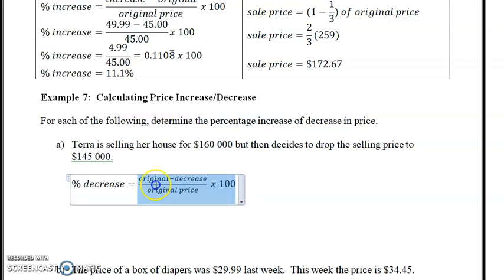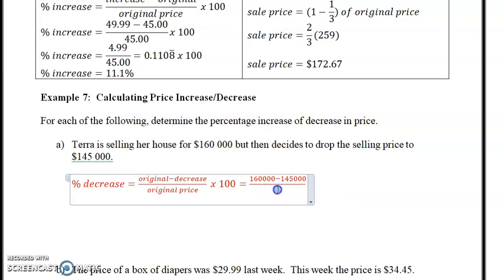We take our formula and add in the unknowns. Tara is selling her house for $160,000, so that's the original price, and we enter that first. $160,000, we subtract the new, or decreased, price.